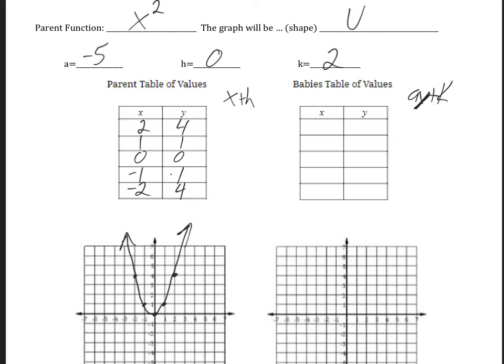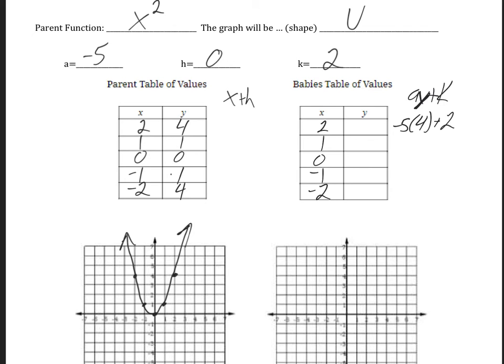Oh, that looks like an x. AY. Okay, so are we going to have to do anything with the x's? No, so we're going to put 2, 1, 0, -1, -2. Okay, for my y's, what am I plugging in for a and k? -5 times 4, plus 2.